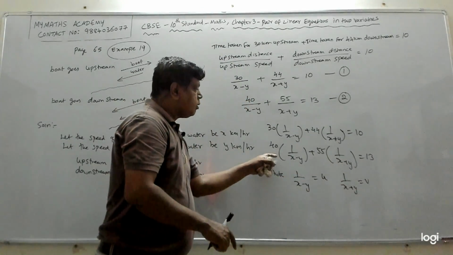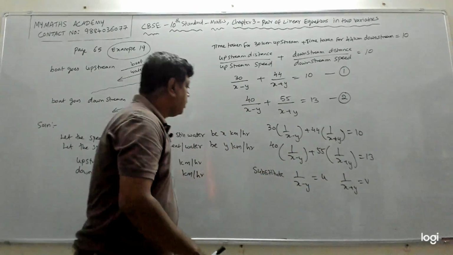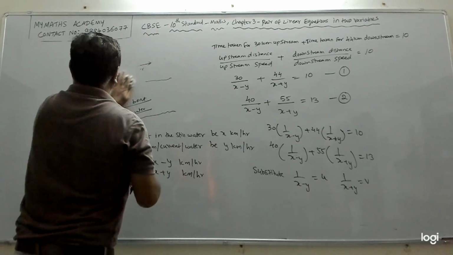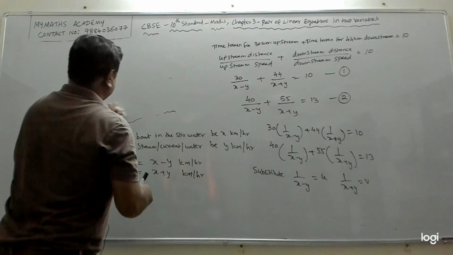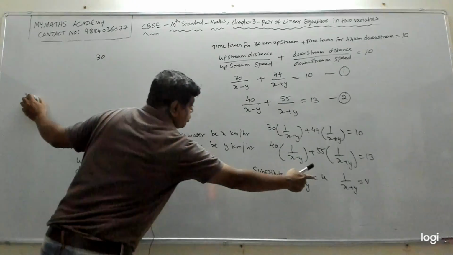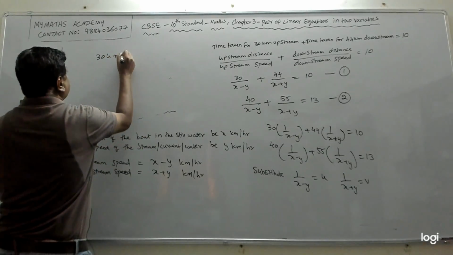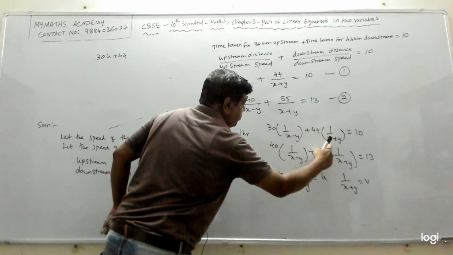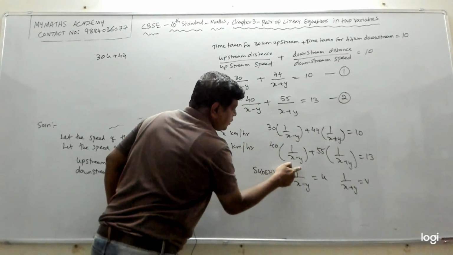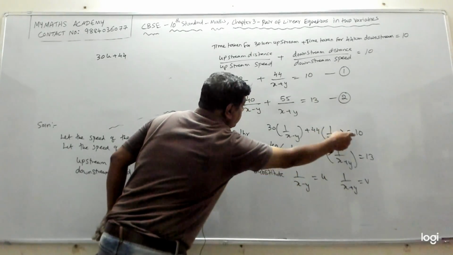Now what will this equation become, if I substitute 1 by x minus y as u, 1 by x plus y as v? Then these two equations become like, now if you see here, 30 into 1 by x minus y, which is u, 30u plus 44 into 1 by x plus y, which is v, so 44v equal to 10.